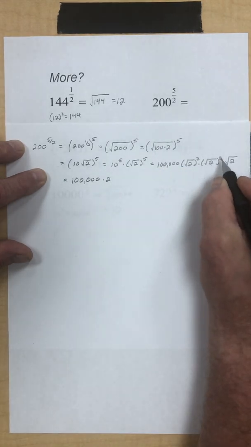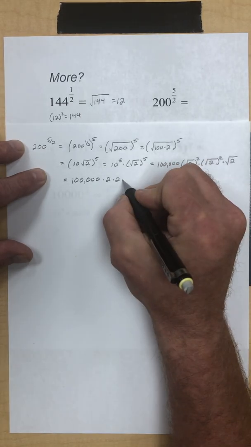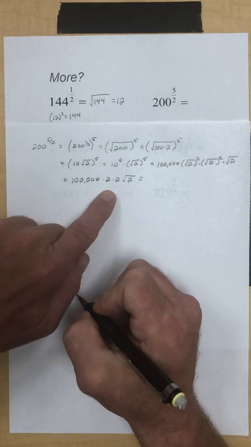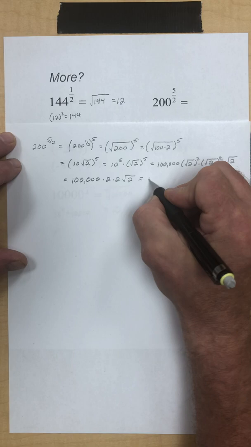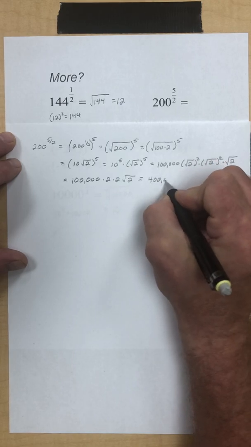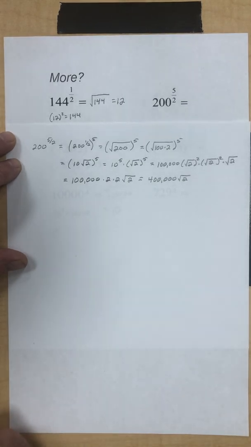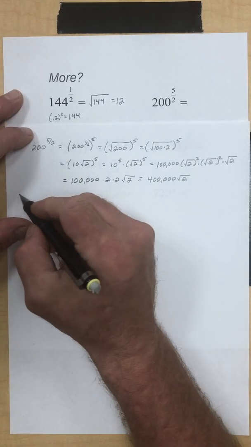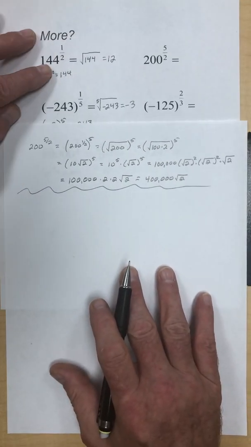Same thing, the square root of 2 squared is just 2. And then I have this radical 2 down there. So this would be 4, so 100,000 times 4 is 400,000. So I'm going to get 400,000 times the square root of 2. All right, we're in good shape there. That takes care of that one. Let's go down to the next one and see what we got going on there.